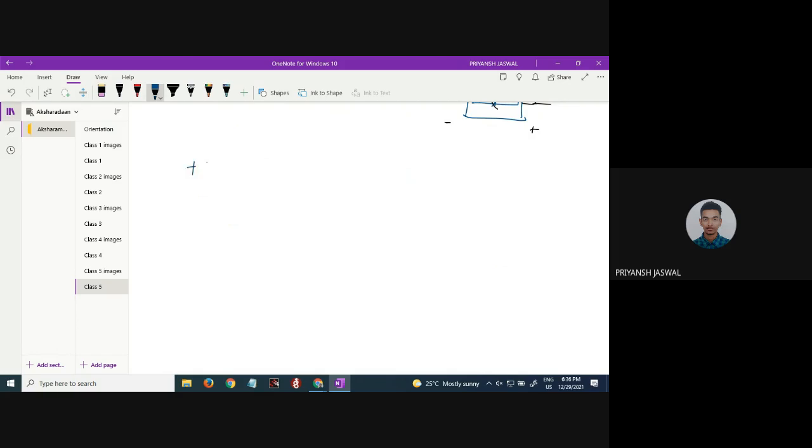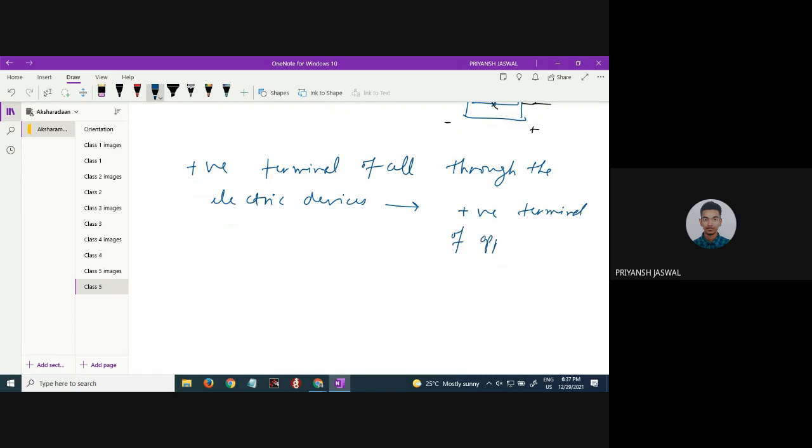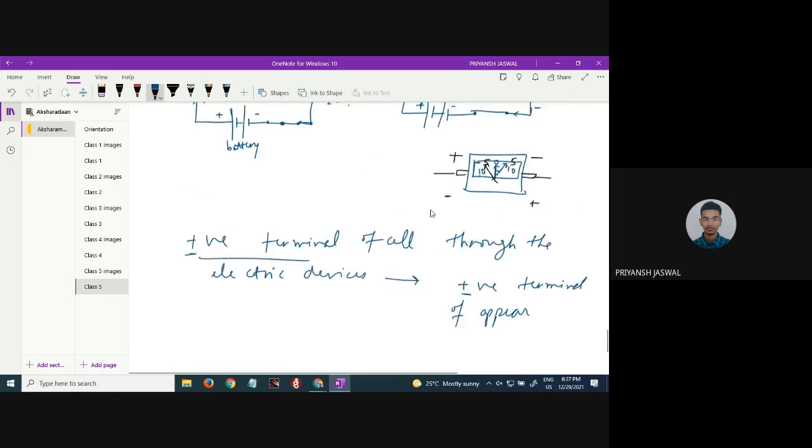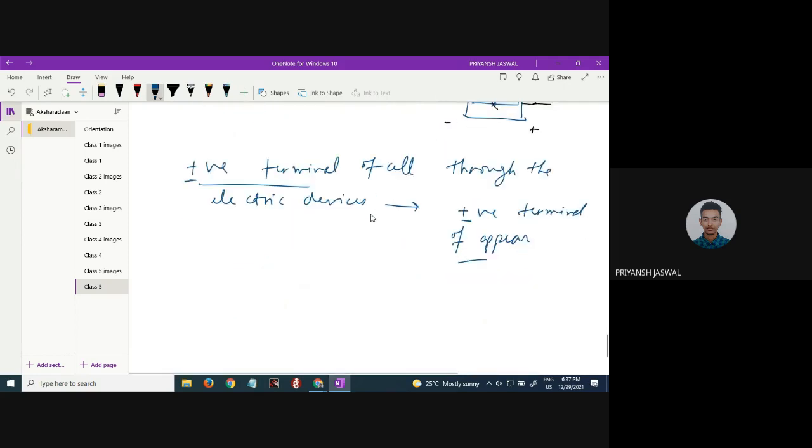And just as I told you, the positive terminal of the cell, through the electric devices, faces the positive terminal of the ammeter, and similarly the negative terminal of the battery, through electric devices, faces the negative terminal of the ammeter.